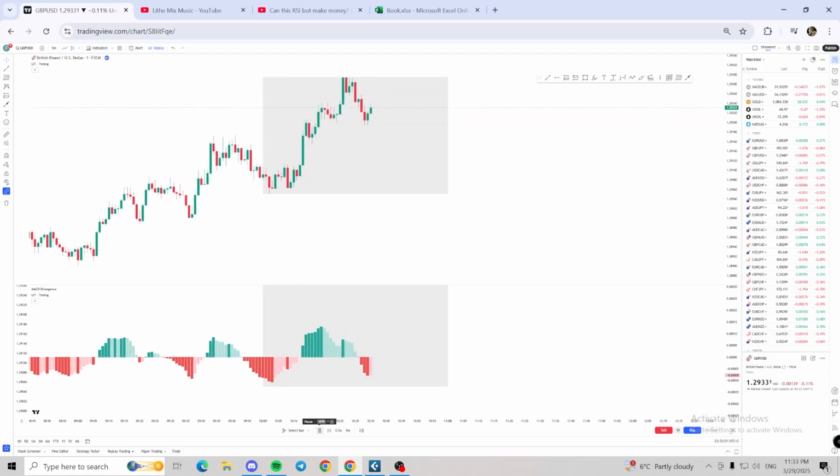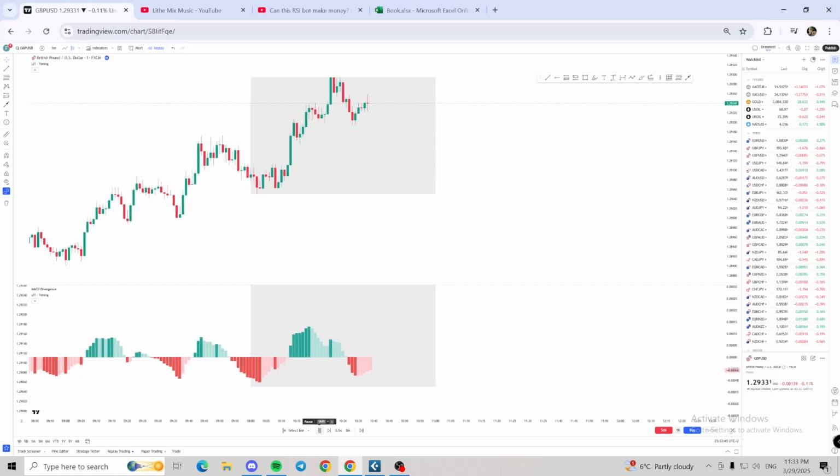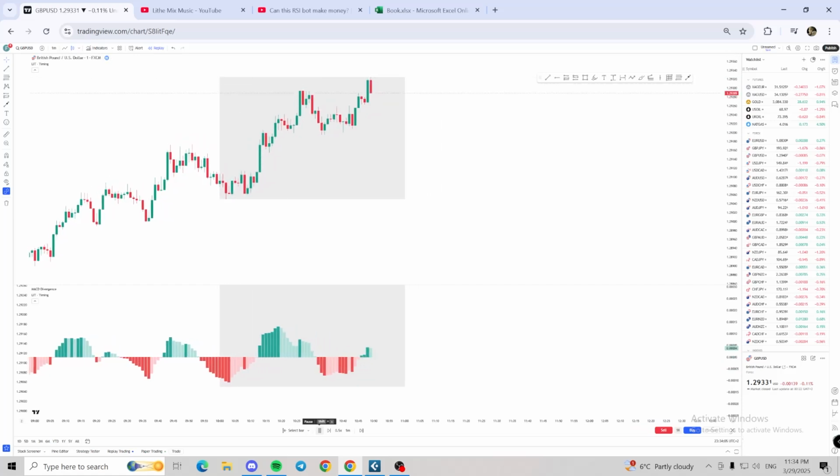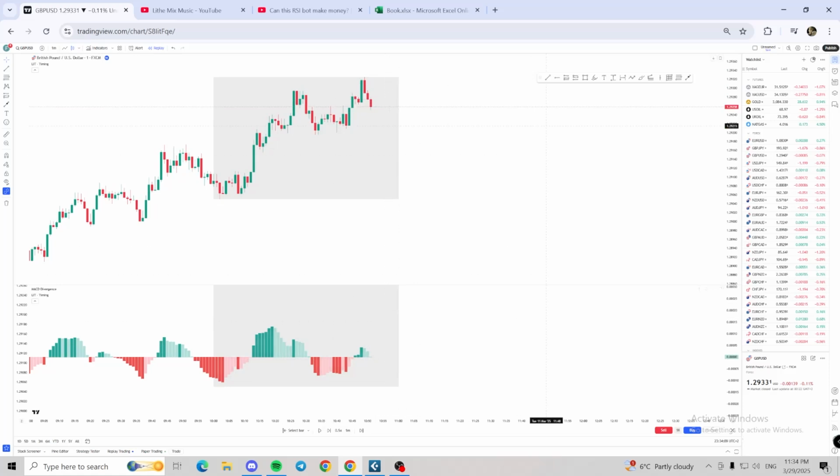So no setup yet. Okay, so now something is building here. Okay, let's wait for a red bar here to appear.